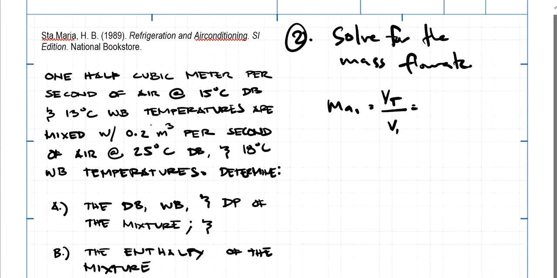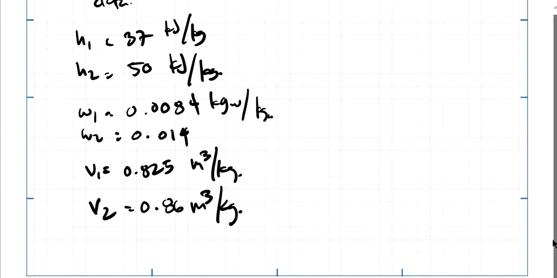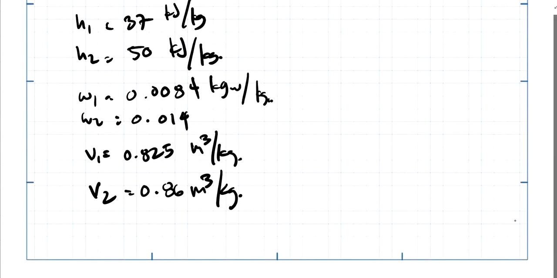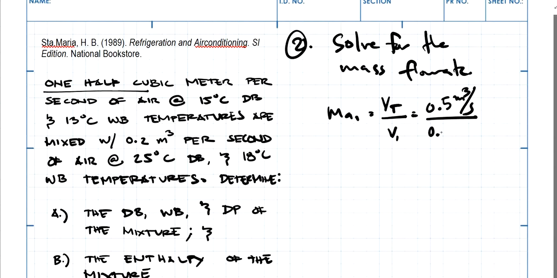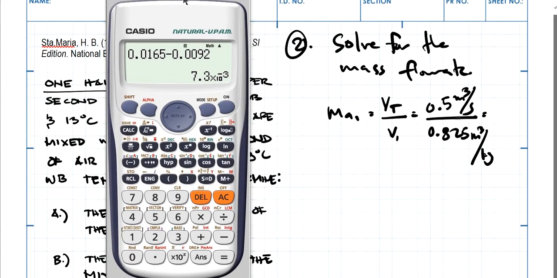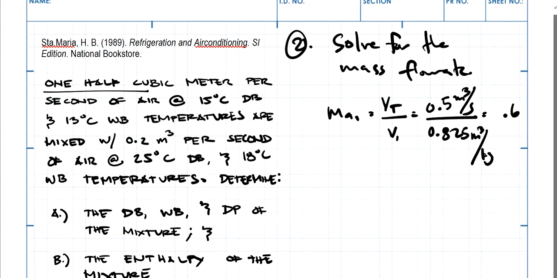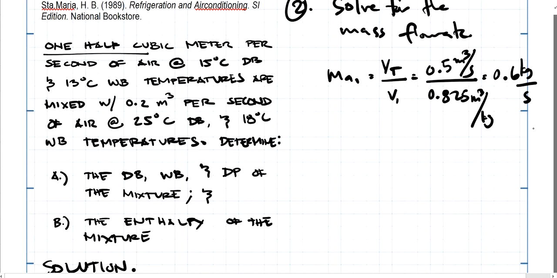This is 0.5 cubic meter per second divided by the specific volume of 0.825 cubic meter per kilogram. So 0.5 divided by 0.825 is 0.6 kilograms per second.